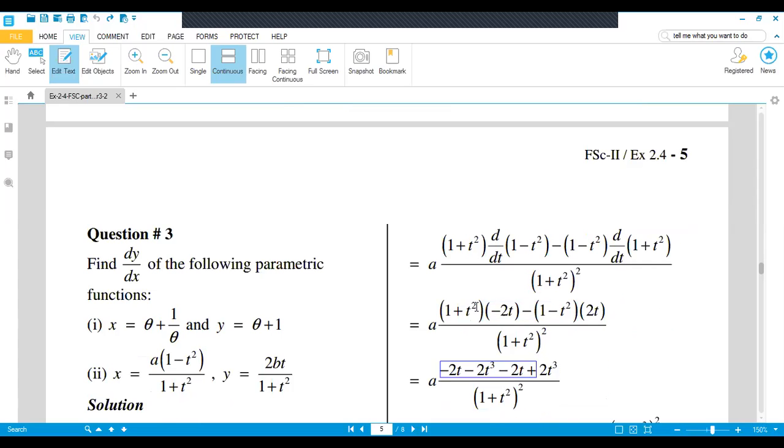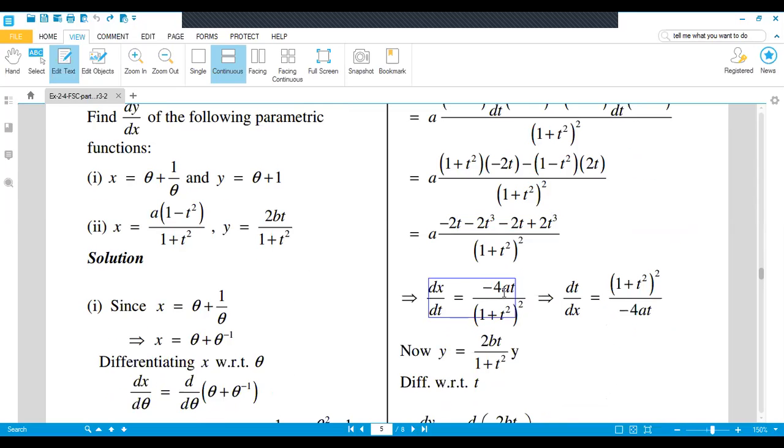Now open the bracket: minus 2t cube, and here minus 2t and plus 2t cube. Minus 2t power 3 and plus 2t power 3 cancel with each other and we get minus 4at divided by 1 plus t square whole square.